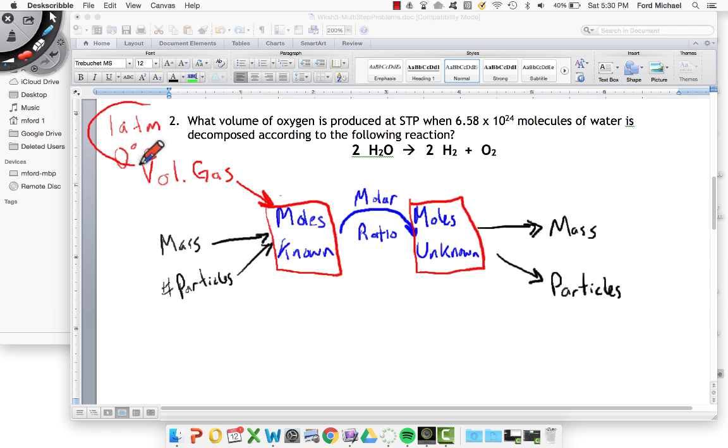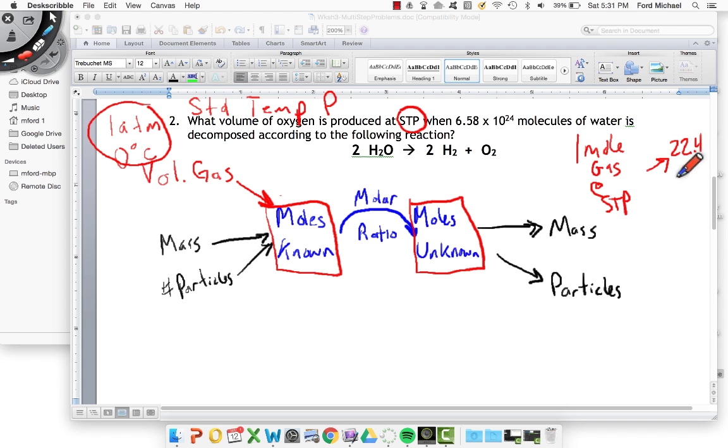These conditions are called standard temperature and pressure, abbreviated STP. So at standard temperature and pressure, we have this relationship: 1 mole of gas at STP is 22.4 liters of gas.